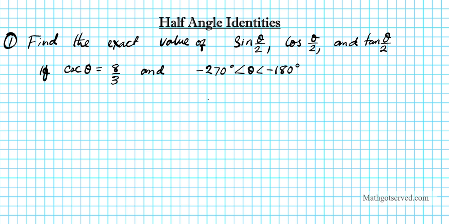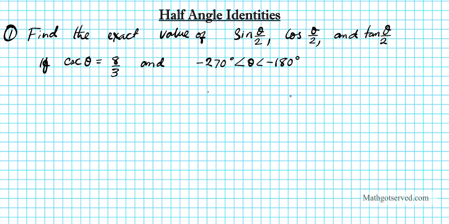All right, so to find all these trig functions, if you remember the formulas, let's write down the half-angle identity for sine on the side here. For sine, alpha over 2 is equal to plus or minus the square root of 1 minus cosine alpha over 2. So this one needs only cosine. The one for cosine, alpha over 2 is plus or minus the square root of 1 plus cosine alpha over 2. This needs only cosine also.